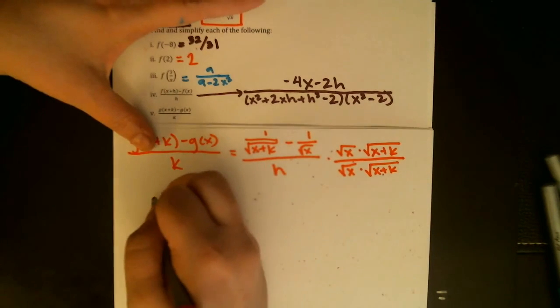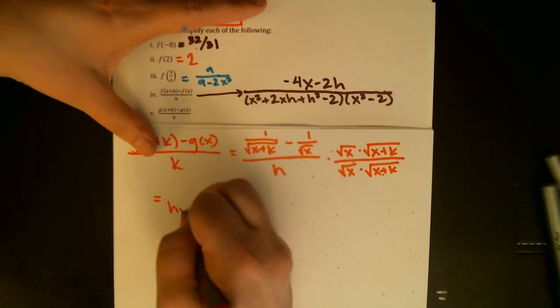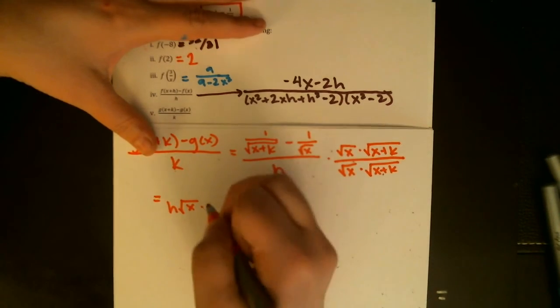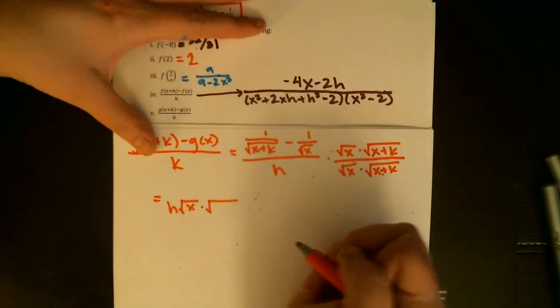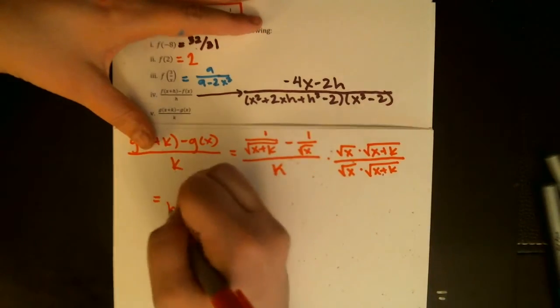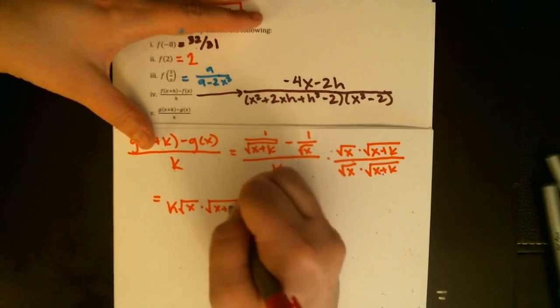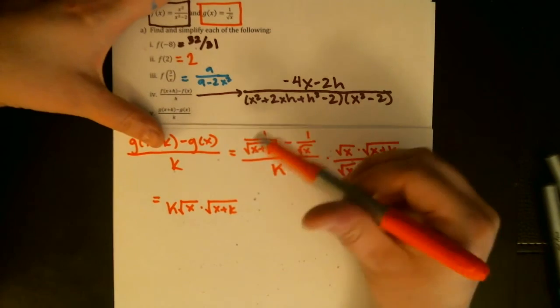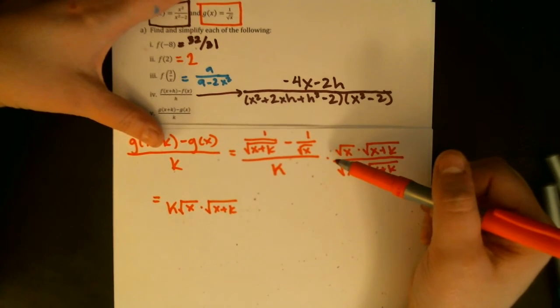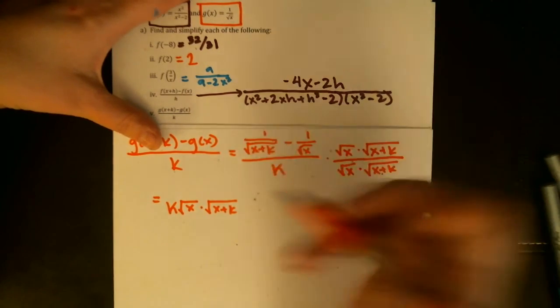When we do this, it once again pushes a bunch of mess to the bottom, but we're okay with that right now. Our goal is to try and simplify the top so that we can factor out a k and cancel.